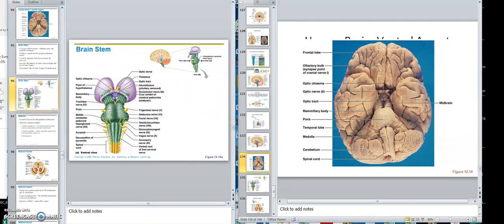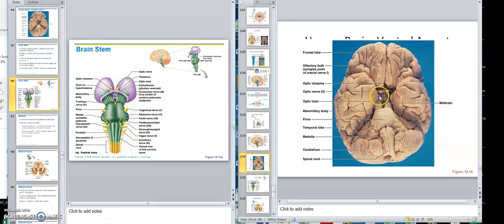Okay, let's go over here. The peduncles. Here we are, these peduncles. Okay. And they have these tracts that go through them. Here are these cerebral peduncles, and they got these tracts. So that would be it there, right there.